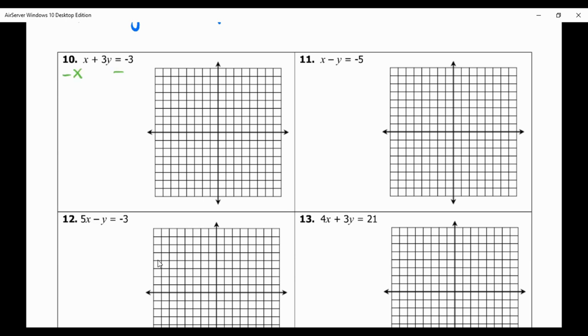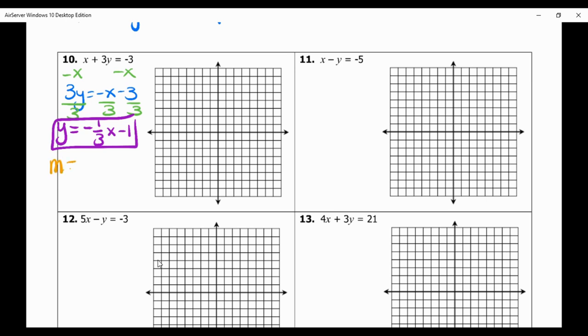So we're going to subtract x from both sides. Divide each term by the y coefficient. So the equation we're graphing in slope-intercept form is y equals negative 1/3 x minus 1. The slope of this line is negative 1/3, and the y-intercept is negative 1.